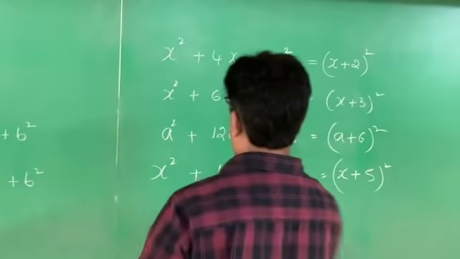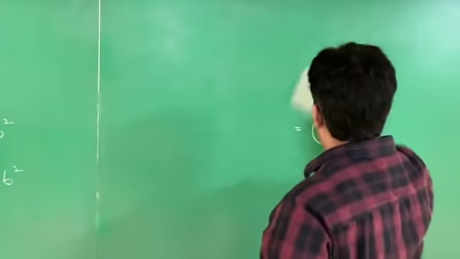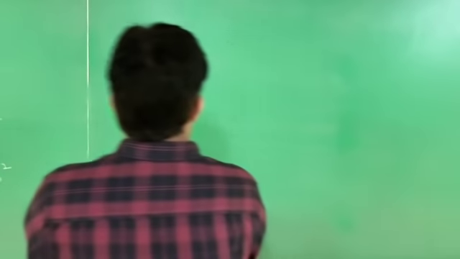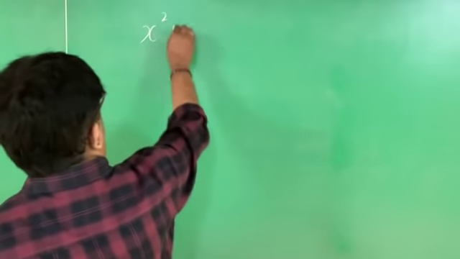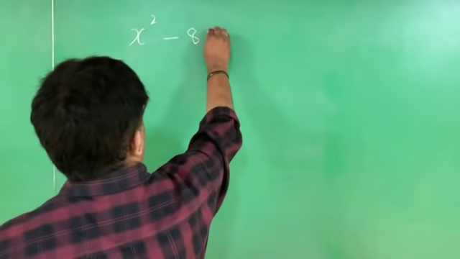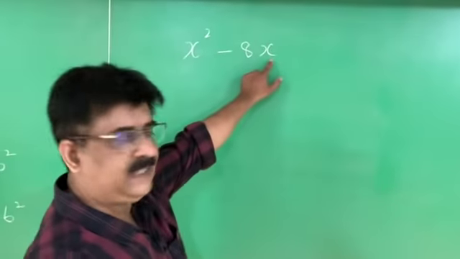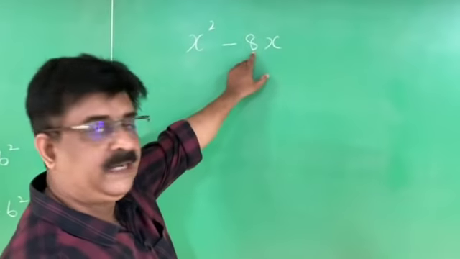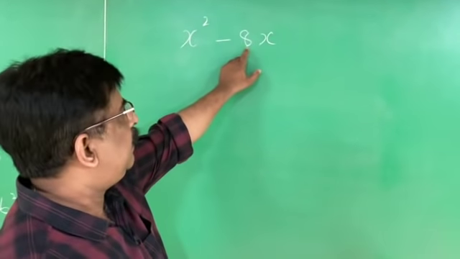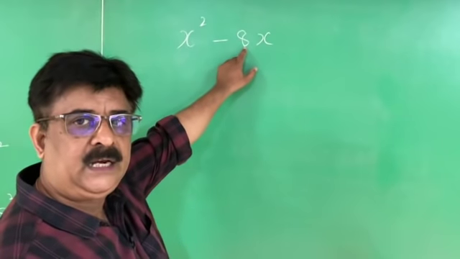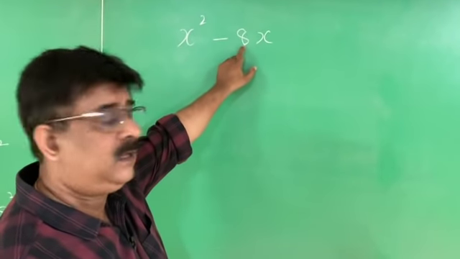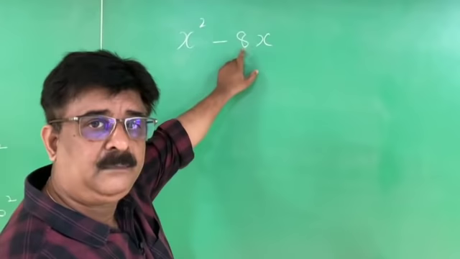I will repeat once again. Suppose the expression is like this, x square minus 8x. See, minus 8x. x square is there, x is there. Then this number is the 2ab part. Therefore, divide the 8 by 2, which means 4.